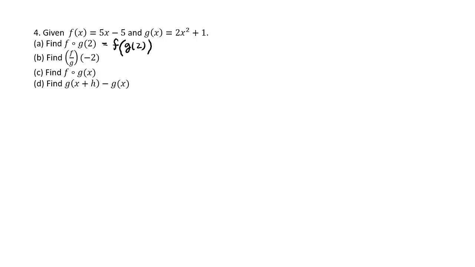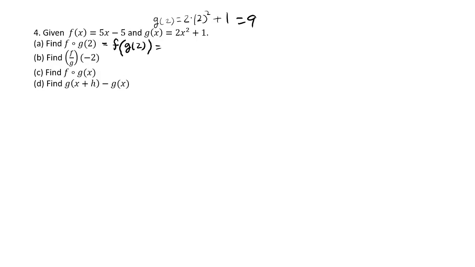Now, when you calculate f of g of 2, you just want to start from inside and go out, okay? So what's g of 2? Well, g of 2, according to this formula here, is 2 times 2 squared plus 1. That is, 2 squared is 4, 4 times 2 is 8, 8 plus 1 is 9.